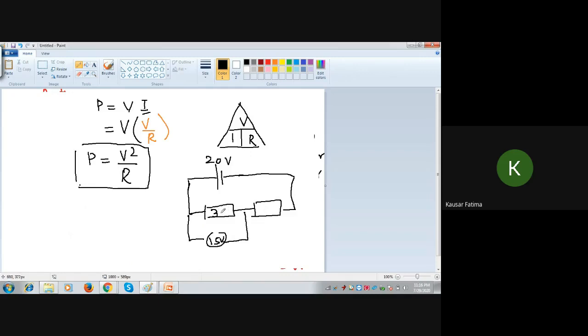This is 30 ohms. This is 10 ohm. Okay, so you can calculate electrical power using this formula. You know the voltage 15 volt, you know the resistance. So P1 is equal to 15 square divided by 30.